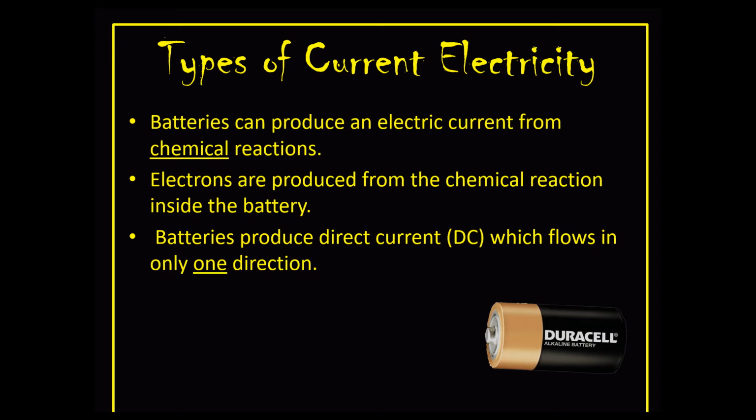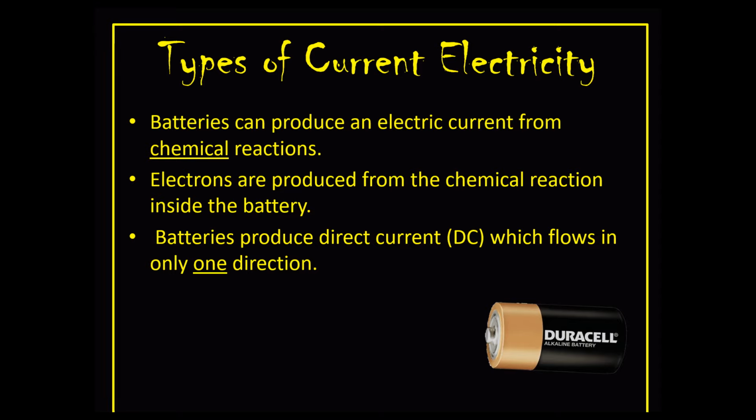A battery not in use has potential energy, but once we put it in a device and turn that device on, that kickstarts a chemical reaction inside of the battery that sends out electrons. When those electrons start to move, that generates electricity that will power light bulbs or radios or cell phones. Because batteries produce a one directional flow of electricity, we say that they are examples of DC current or direct current.